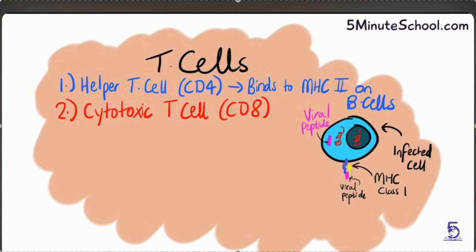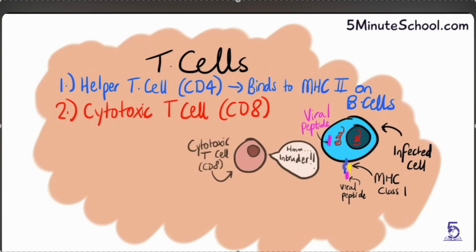Since all cells with a nucleus have major histocompatibility complex class 1 on their membrane, these viral proteins that the infected cell is making are presented by the class 1 major histocompatibility complex molecule on the surface of the infected cell. So even though that sounds very confusing, imagine the infected cell is kind of giving a warning signal by showing the infected proteins on its membrane.